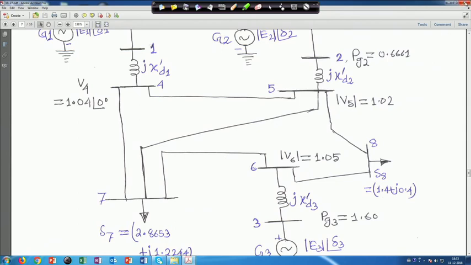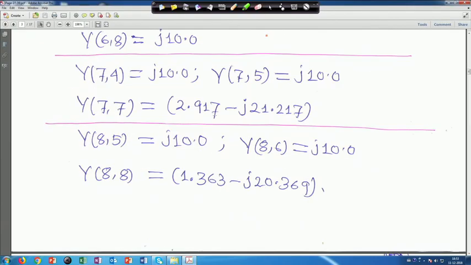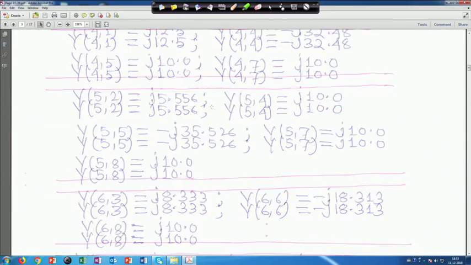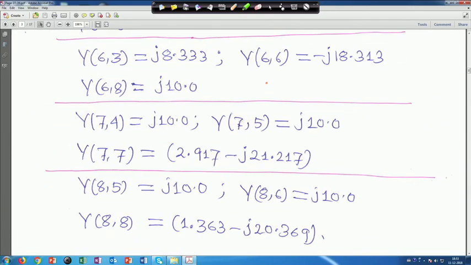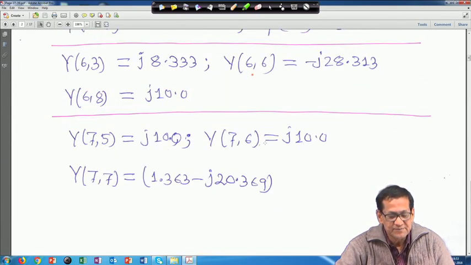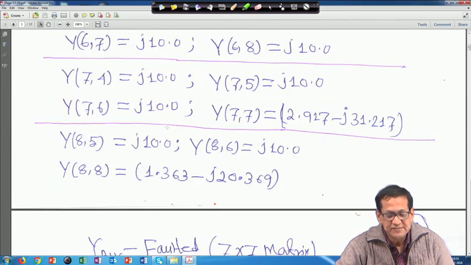So in the post fault case, y 74, 75, 77 is there, y 76 is not there, but in the pre-fault case, 76 was there.